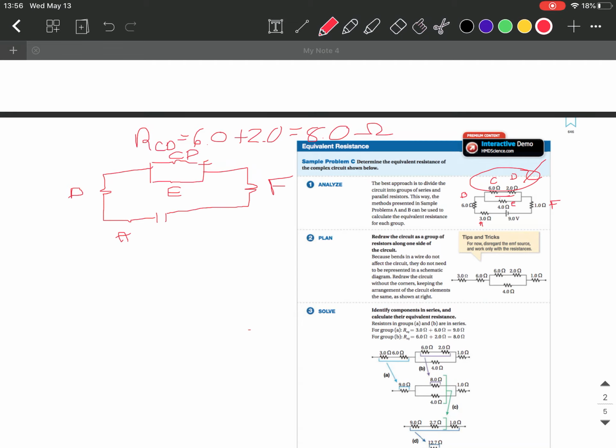So now I notice that CD, which is 8, is now parallel to E. So I can combine my equivalent of CD with E, and that's going to give me CDE. So 1 over CDE, because those two are in parallel, equals 1 over 8.0 plus 1 over 4.0.